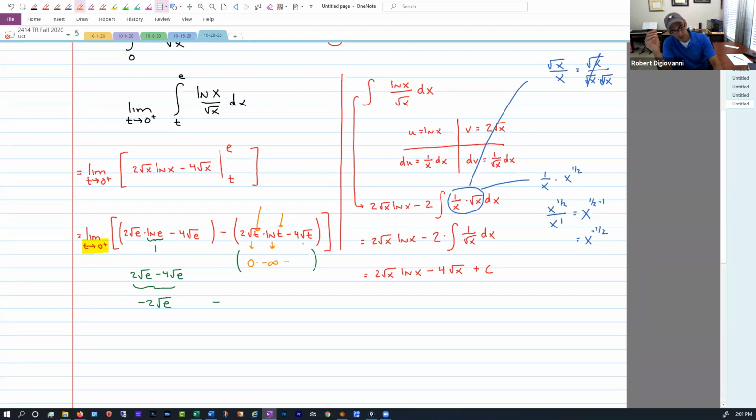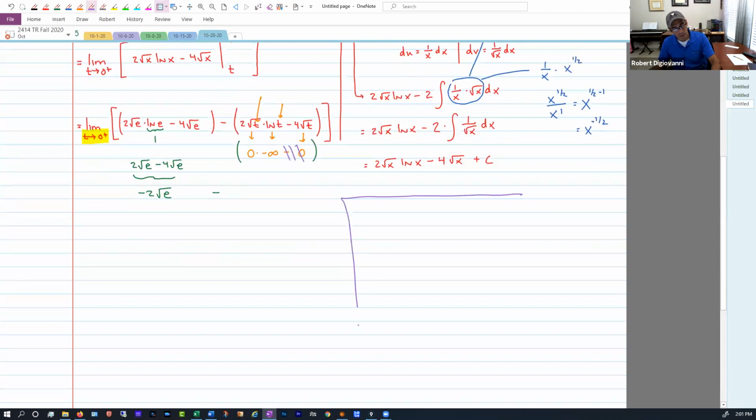And then minus, this one just goes to 0 again. So we can ignore the minus 0, that doesn't matter. But 0 times negative infinity is an indeterminate form. So that means I've got to go figure out that limit by itself over here.